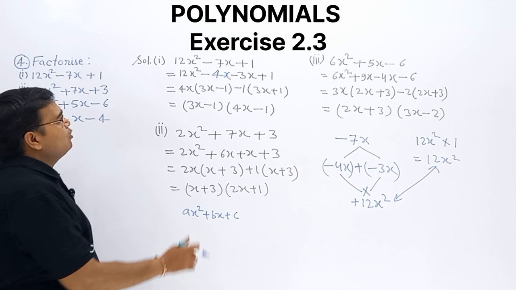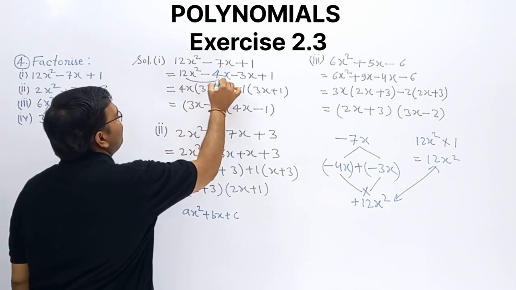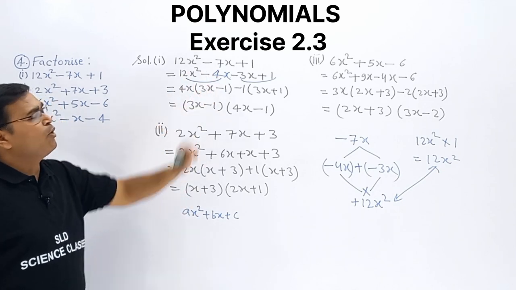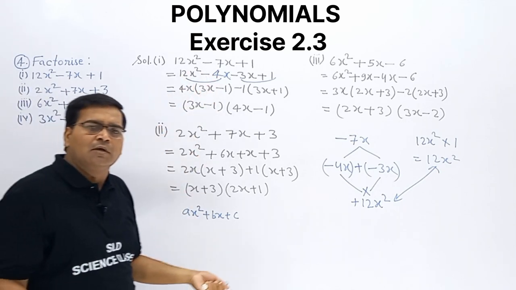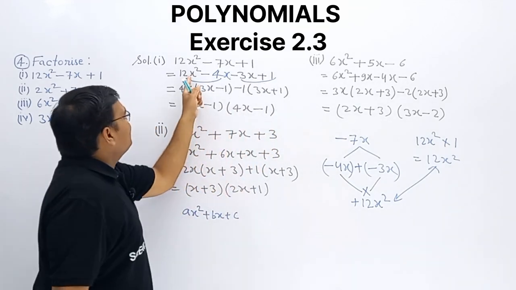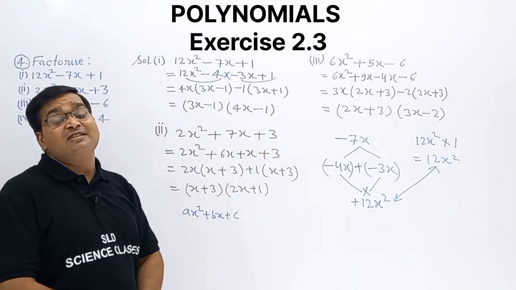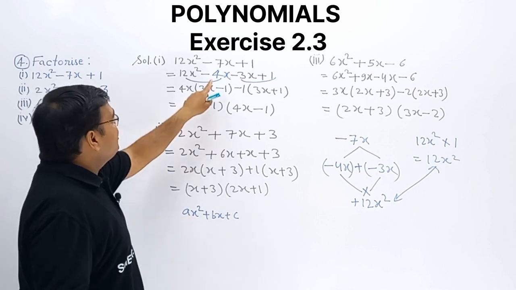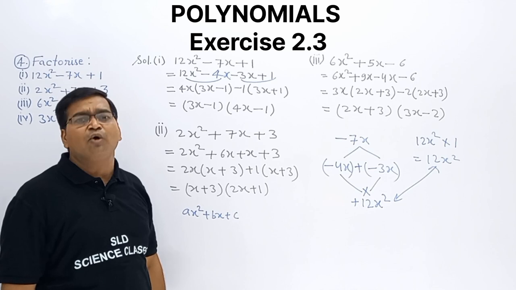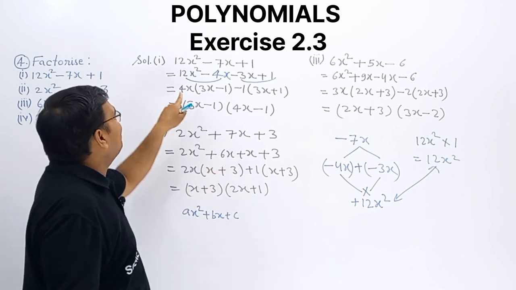Then what will we do? We will take common from the first two terms and the last two terms. In both, what is common? Common means both are divisible. There is an x square and there is an x, so x is common. This is 4 and this is 12, both are divisible by 4, so we can take 4 outside.